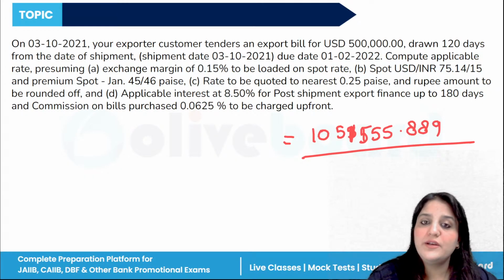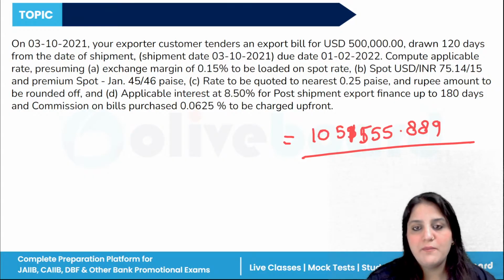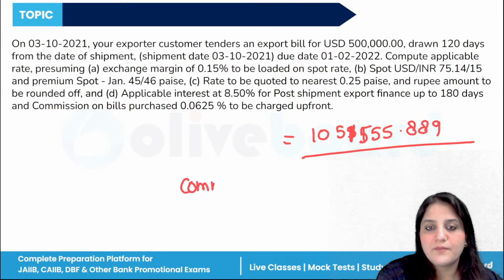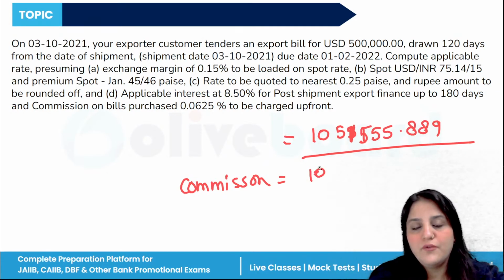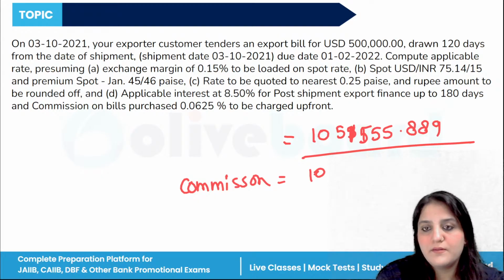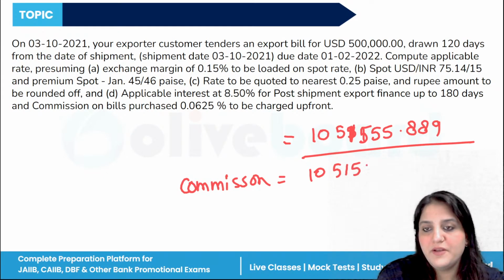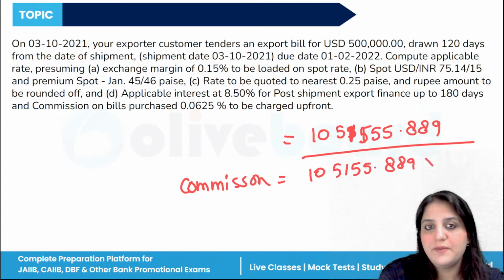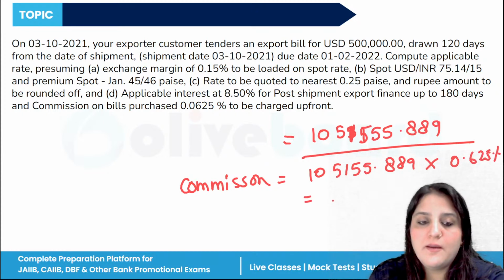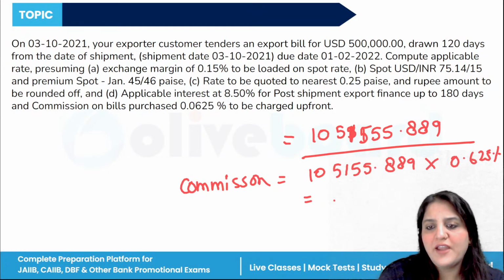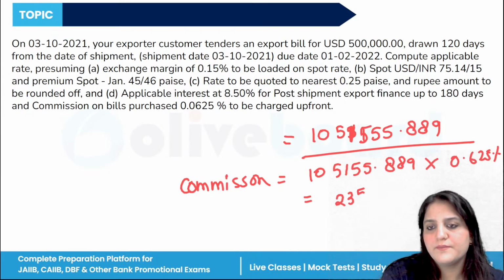Then how to calculate the commission? That is given 0.0625%. Just do the multiplication. So here you get the commission, which is 1051555.889 multiply 0.0625%, that is equals to near about 23,586.72.